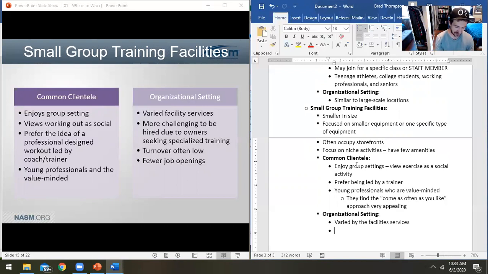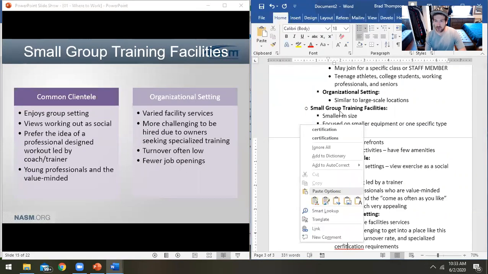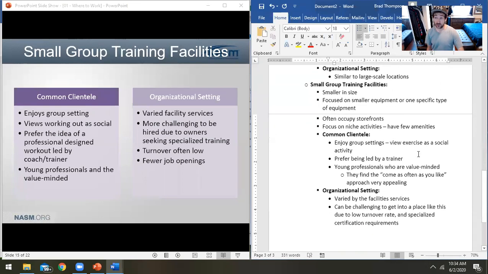It can be challenging to get into a place like this due to low turnover rate and specialized certification requirements. So if you want to work in a TRX studio, you've got to have an actual TRX certification.